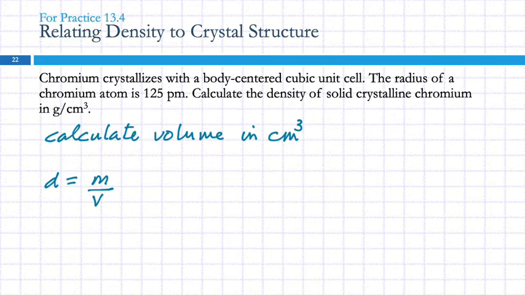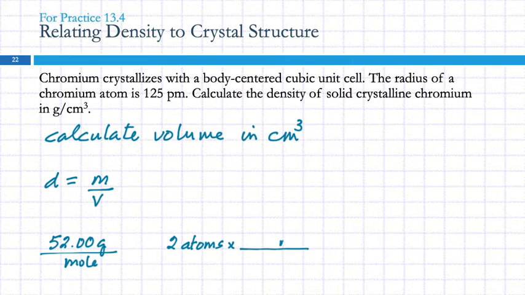So we can look over here, and it's going to give us the molar mass, 52.00 grams per mole of atoms. But we have 2 atoms, right? So 2 atoms, and I want to convert that to moles and then to grams.